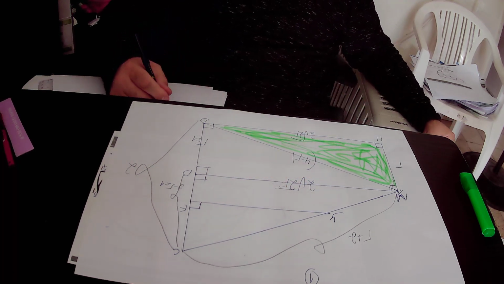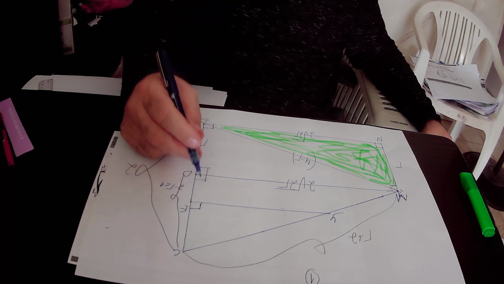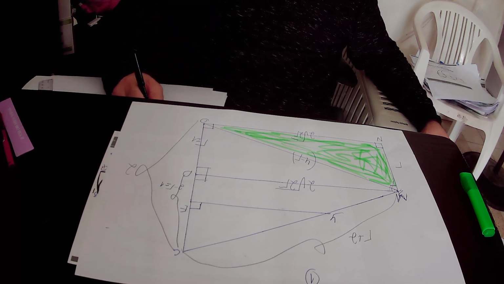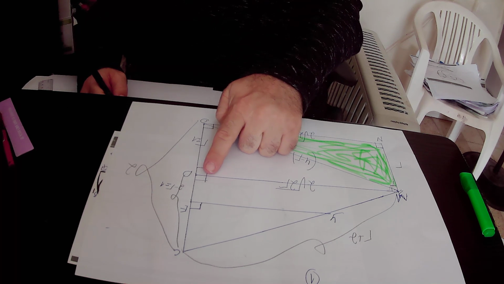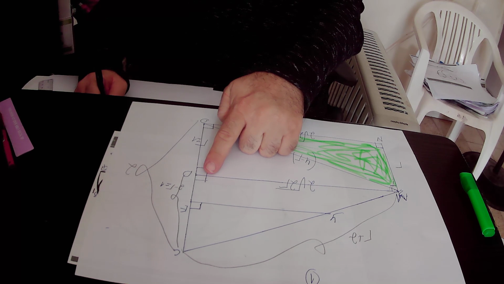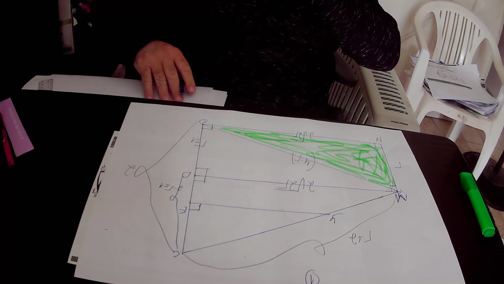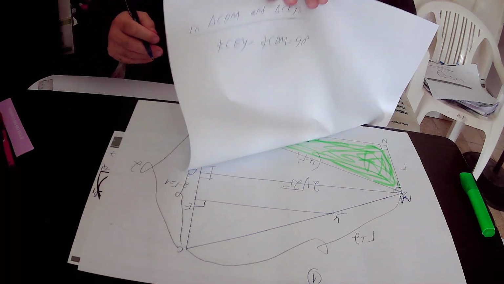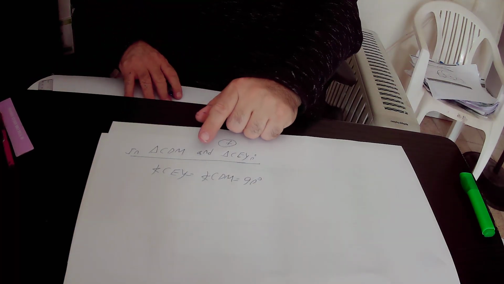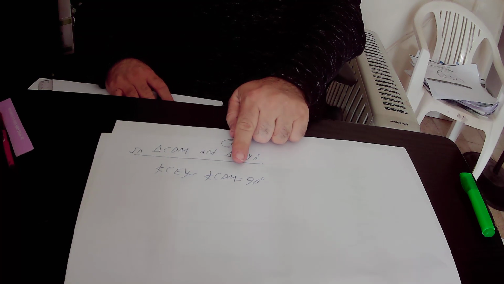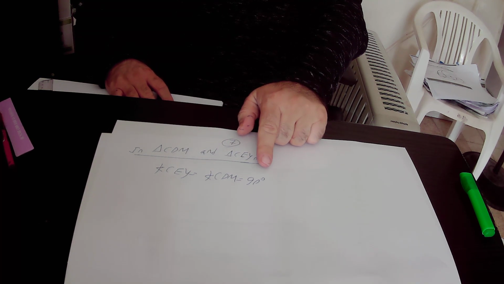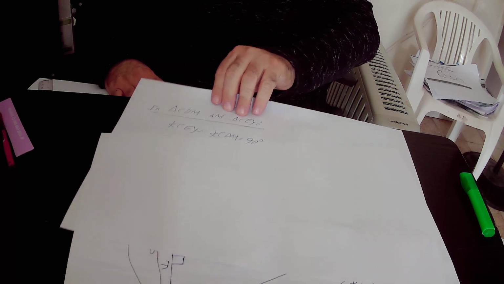So we can write down that this angle CEY is equal to this angle CDM, and both angles are right angles, that is to say they are equal to 90 degrees. Angle CEY equals angle CDM, and they are both equal to 90 degrees. Okay?